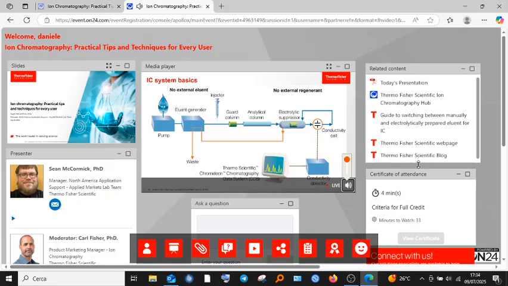In this example, we're using an eluent generator. So the pump will be delivering high purity water to the eluent generator where the automatic generation of a desired mobile phase concentration is carried out using electrolytic processes. Once this eluent is generated, it moves on through the flow path towards the columns.